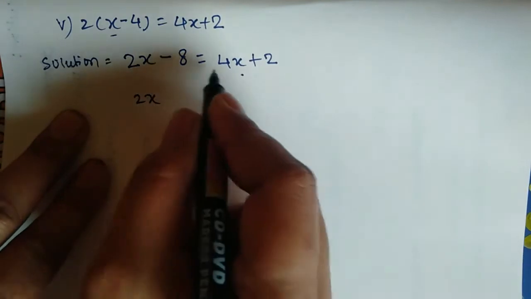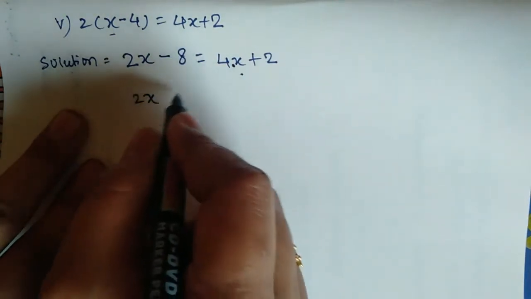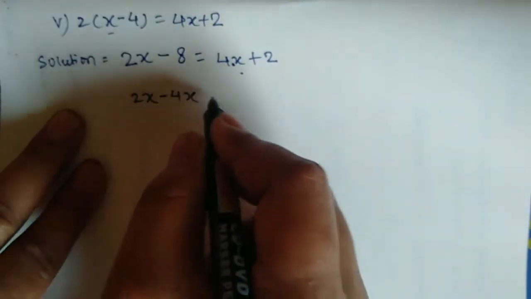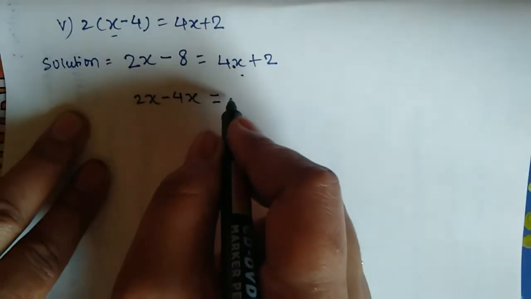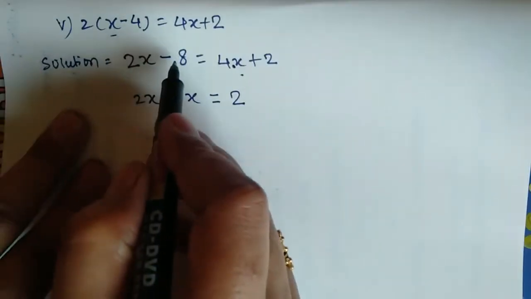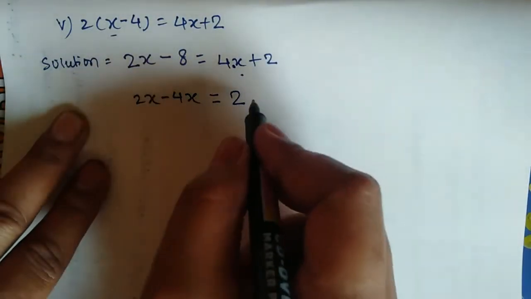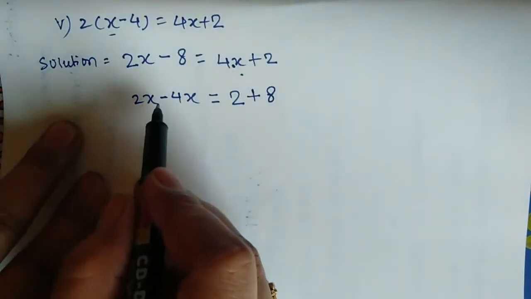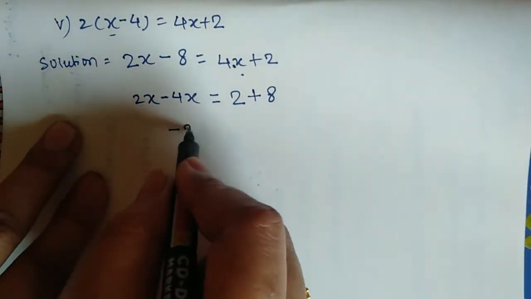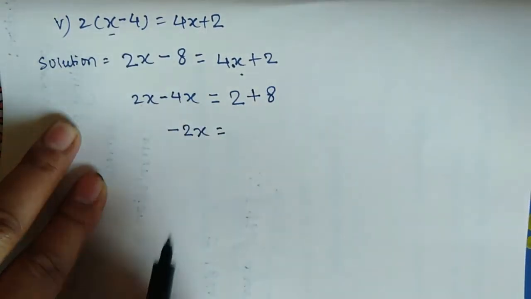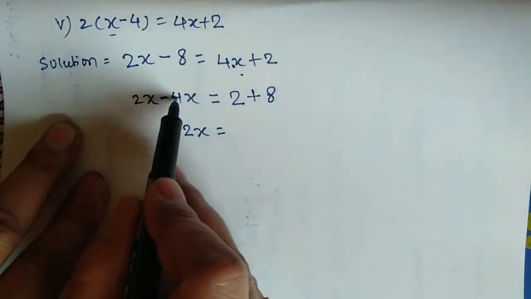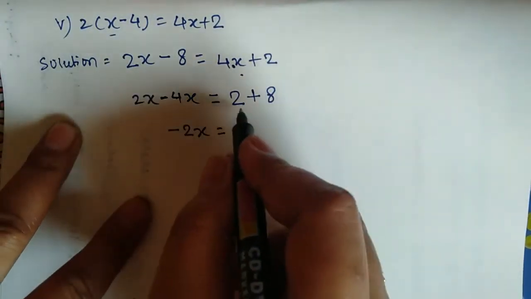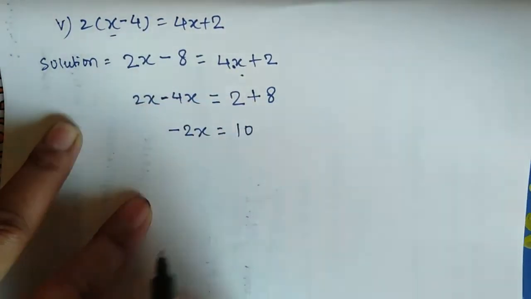So twice x, this 4x comes to this side, it becomes negative, minus 4x equal to plus 2 as it is. This minus 8 goes to that side, becomes plus 8. So twice x minus 4x is minus twice x, because 4 has the negative sign and it is a greater number. So 2 plus 8 is 10.